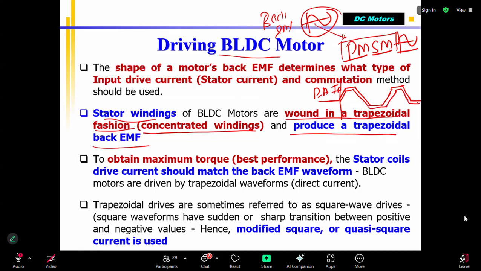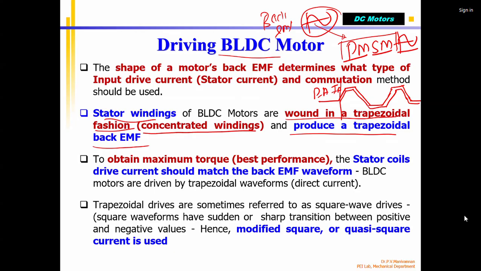So that's why in the BLDC motor, the stator coils are wound in a trapezoidal pattern, which is called concentrated winding, for which the current IA is supplied by the motor controller. We have to generate a voltage which the controller in turn supplies to the coil, so that the current flowing inside the stator coil in each phase will be trapezoidal in shape.